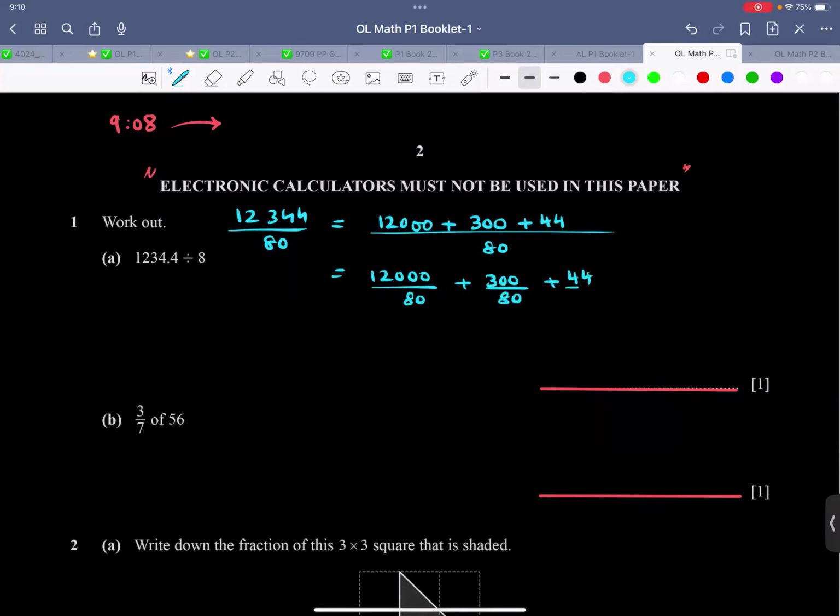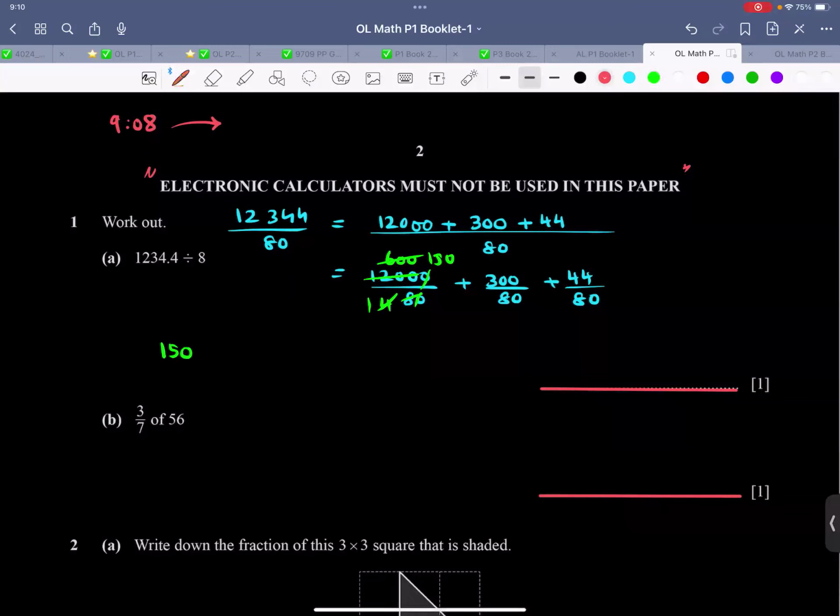This is 44 divided by 80. Always double check. So 12,344, 12,344. The first one, this 0 and this 0 cancels out. So 1200 divided by 8, that is 600 divided by 4, that is 150 divided by 1. That is 150 from here.